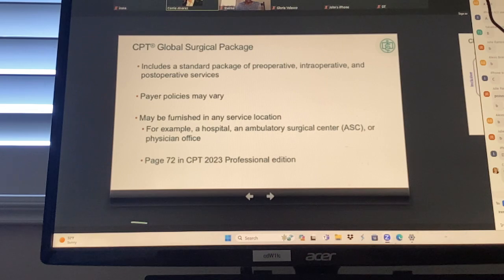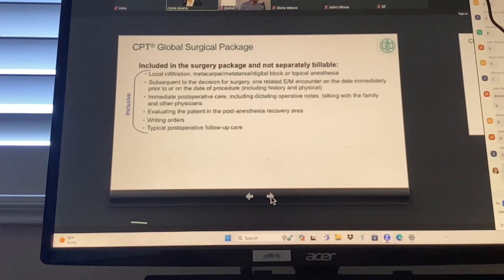The surgery guidelines are for any surgery done in any location. Some are very minor and done in the doctor's office, and some are major, in the hospital or in an ambulatory surgery center for outpatient work. Everywhere in your book, you indicate what all is included.